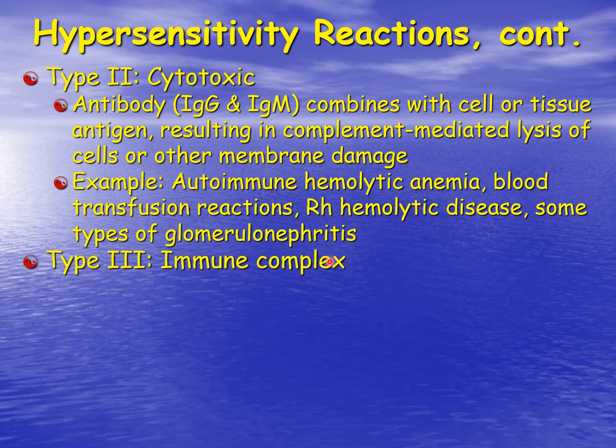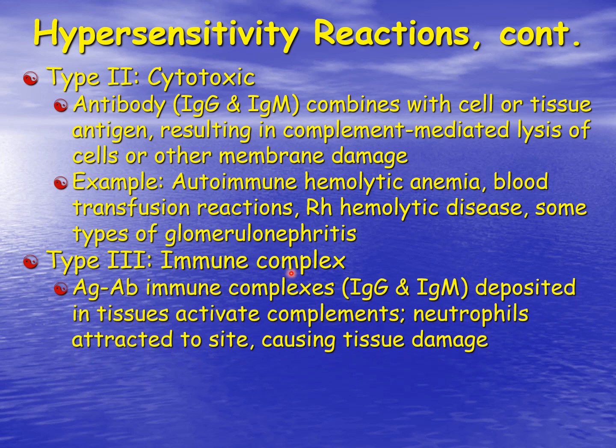Type 3 hypersensitivity reactions are called immune complex reactions. These also involve IgG and IgM, but the primary cell here is going to be the neutrophil with possibly some macrophages. In this case, the antigen-antibody immune complex forms first, then is deposited into the tissues.